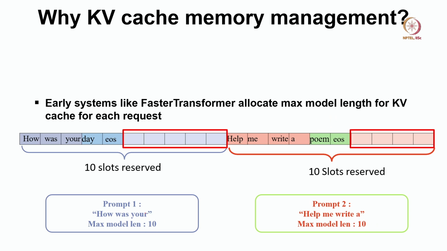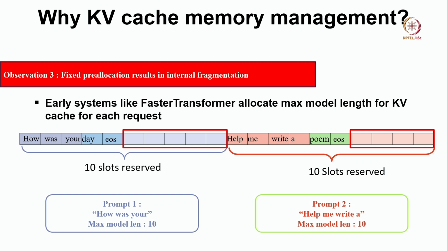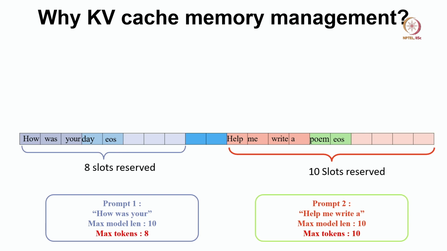That means we have some wasted space, correct? In one case 5 slots and in the other 4 slots are wasted. That is called internal fragmentation. If we perform this fixed pre-allocation, that results in internal fragmentation. This part of the memory cannot be used by any other request or the KV cache of any other request.